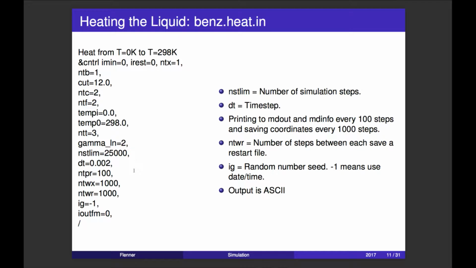Then I print out to MD out and MD info every 100 steps, saving coordinates every 1,000 steps. And because the thermostat uses random numbers, we give it a random number seed. In computers, you create random numbers with what's called a pseudo-random number generator.